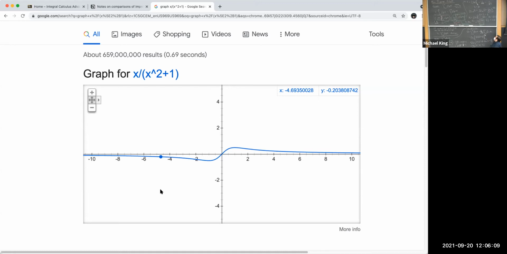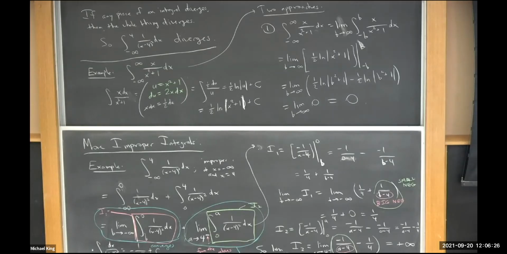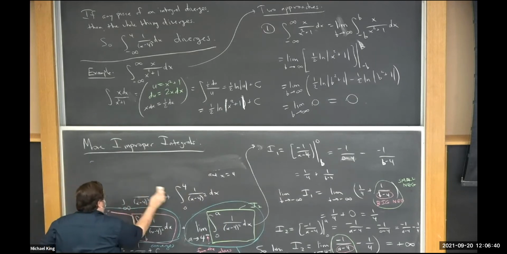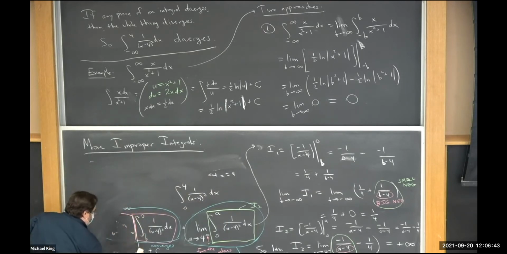Okay, so let me give the second approach. That says that the answer is 0. But approach number 2 is what if we actually do it as two separate integrals? In this example I'm erasing right now, it's actually improper at two points.